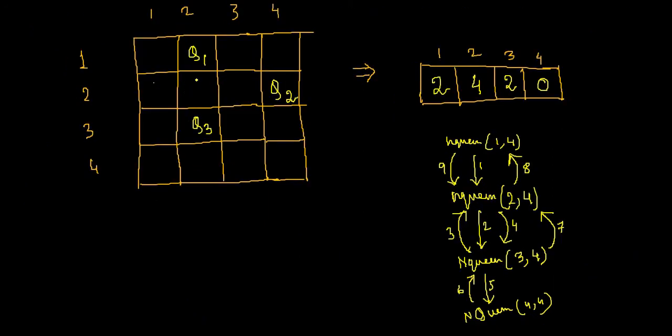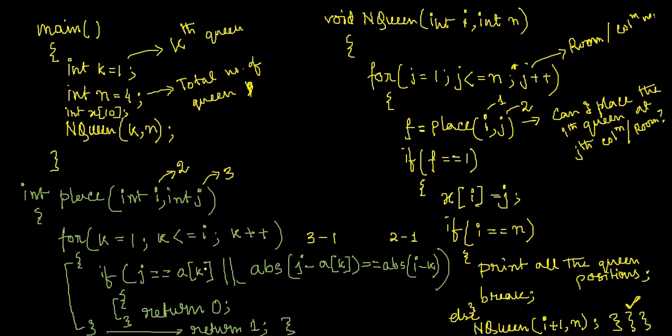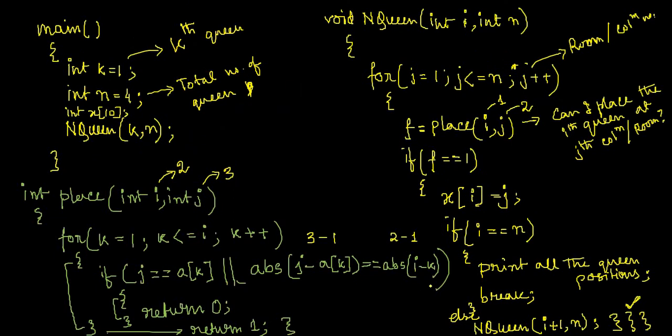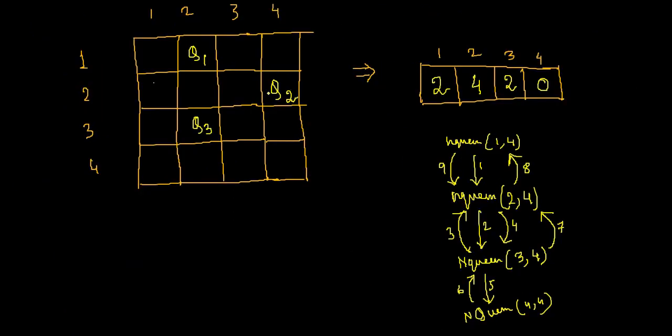Is it possible for queen 2 over here? No, not possible, because same column. That means somehow this criteria will be true. Again in this position, again not possible, because this criteria will be true because of this diagonal. And when j becomes 4 for queen 2, now it is possible.